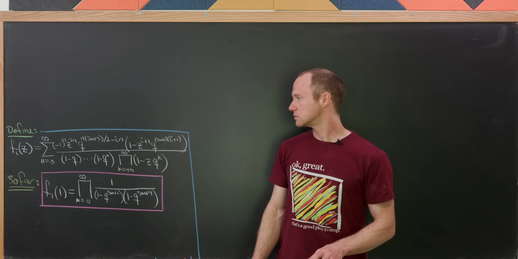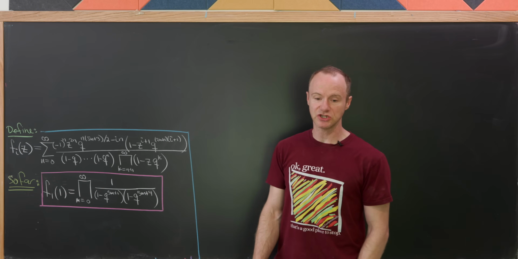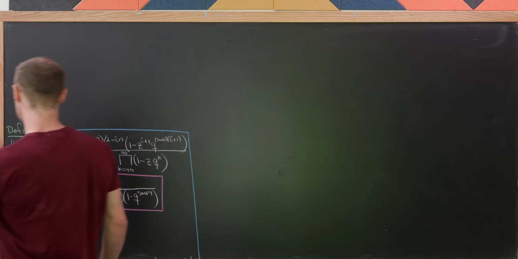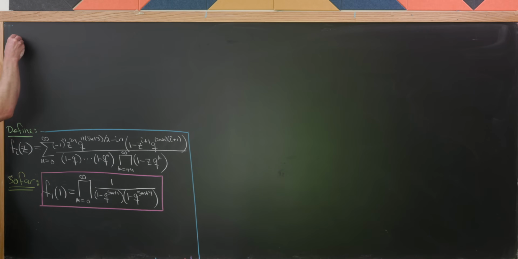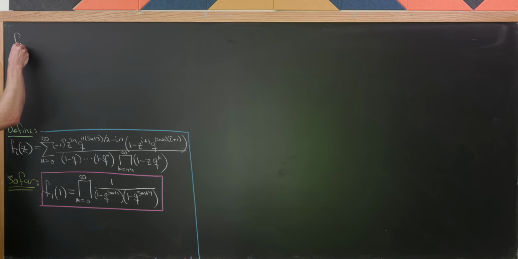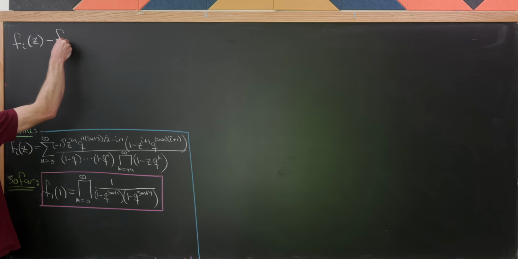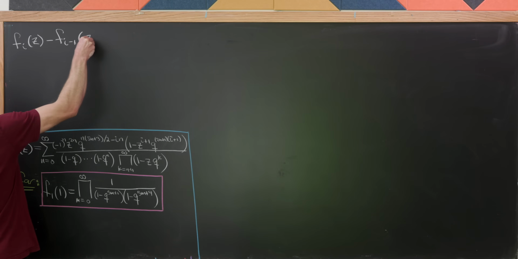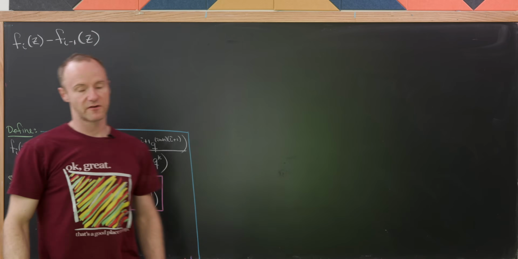Okay, so let's maybe see what we can do with this family of functions. And the idea here is to look at this like difference equation that this family of functions satisfies, but we need to build that. So here we have f sub i of z minus f sub i minus 1 of z. So this is what we're going to look at first.